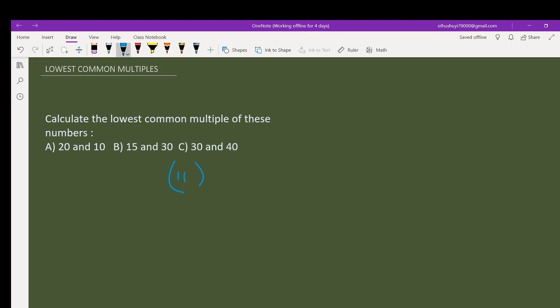So let's check this out. 20, 10. We go 2 here, 10, 2 here, 5. 2 may not divide 5, but you still use it because we are dealing with the lowest common multiple. So we use 2 again, since 2 can still divide one of them. For 5, 2 cannot divide, so you bring down the 5. But now 2 cannot divide either of the two.